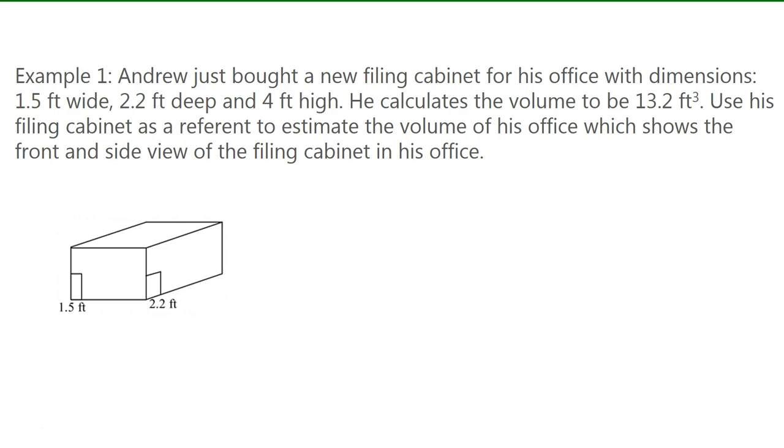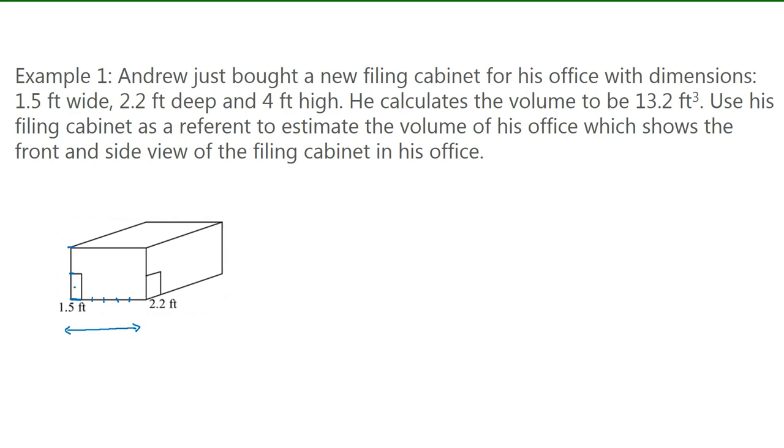So now let's look to see how many filing cabinets can fit along the width here. You can use your ruler to see how wide that is and then mark off probably another 1, 2, 3, 4, 5. And it looks like another filing cabinet can fit right on top as well.